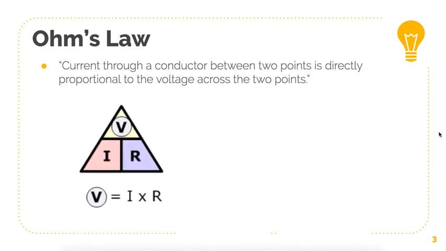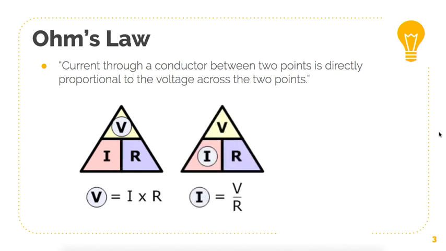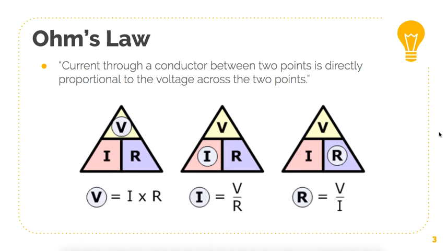We have V equals I times R, so voltage equals current times resistance. And remember that current has the symbol I. We can say that current is equal to voltage divided by resistance. And we can say that resistance equals voltage divided by current.